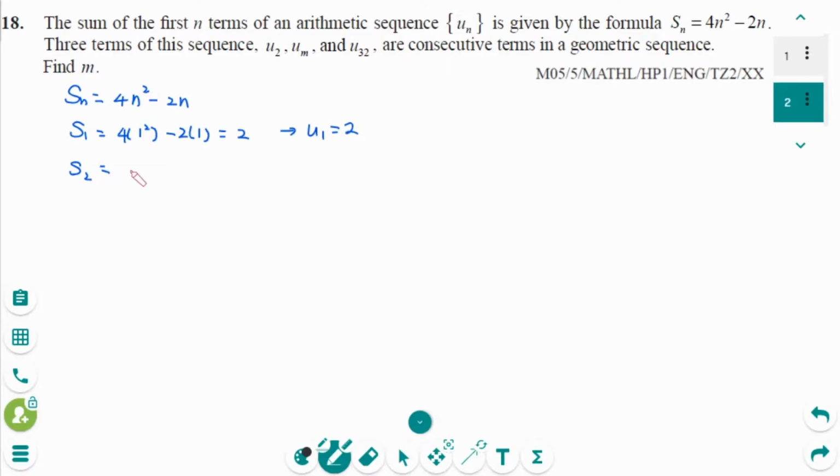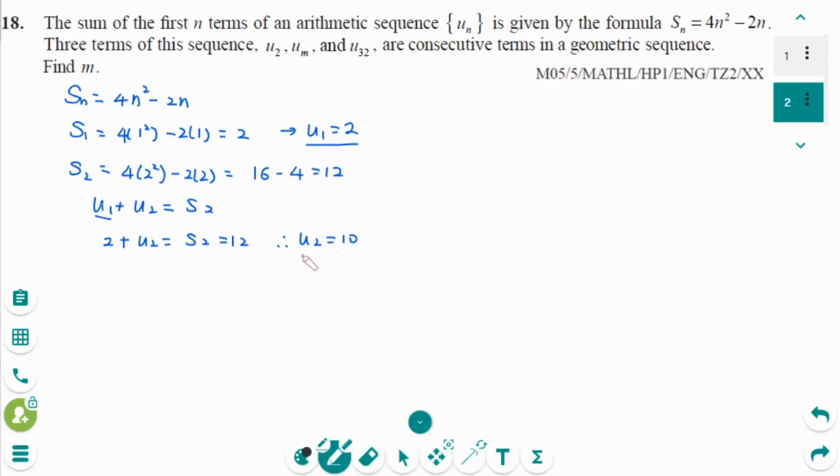S2 equals 4 times 2 squared minus 2 times 2 equals 16 minus 4, which is 12. U1 plus U2 equals S2. So 2 plus U2 equals S2, which is 12. So U2 equals 10.